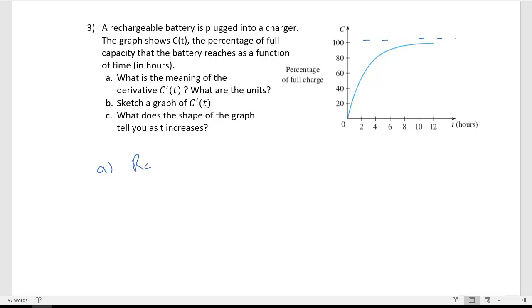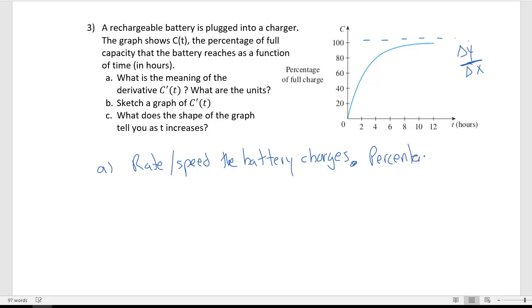So it's the rate, or the speed, the battery charges. And then what are the units, right? So remember, the units here are delta y over delta x. Those are the units. So y units per x units. So we have percentage per hour, right? Those are going to be our units. Percentage per hour.